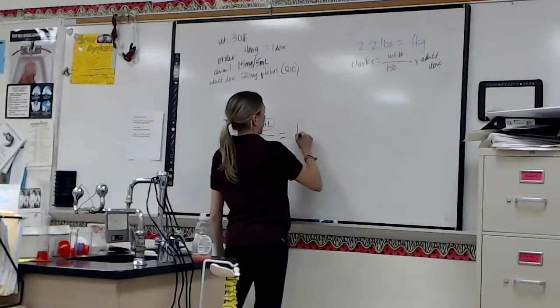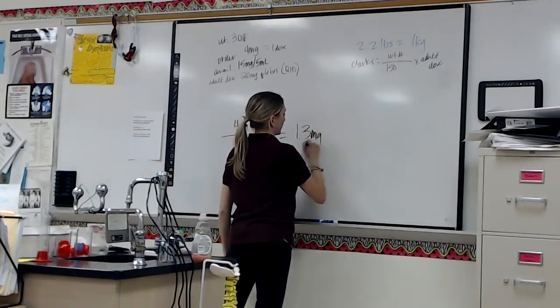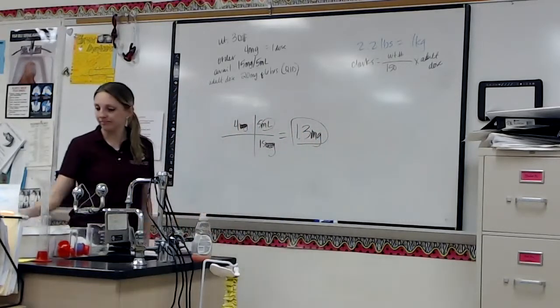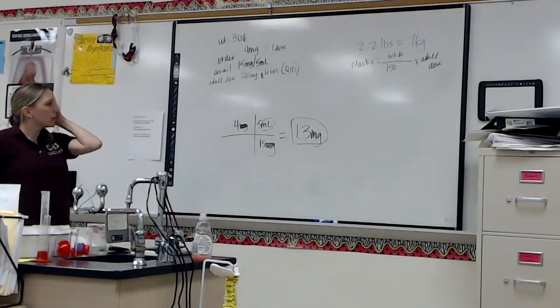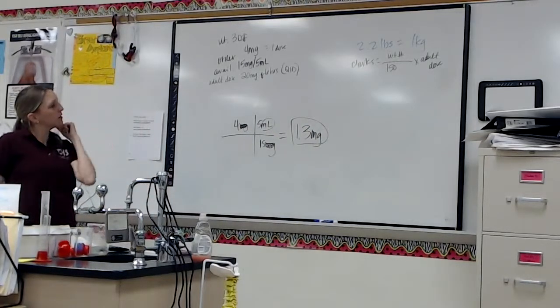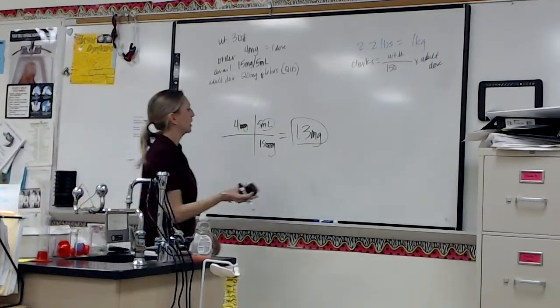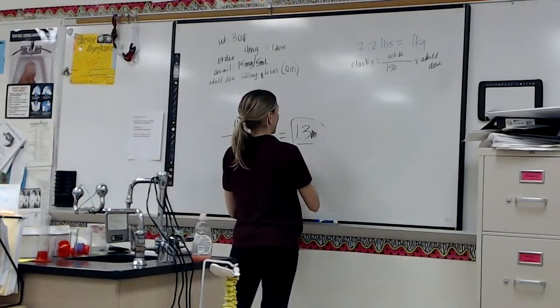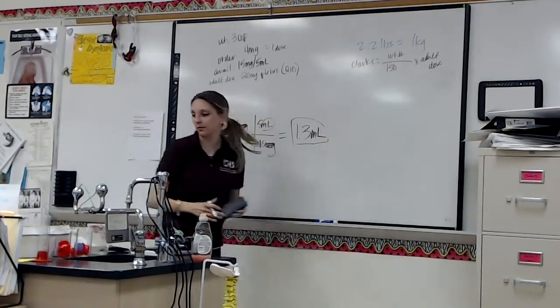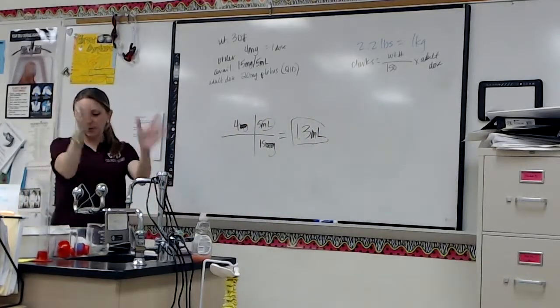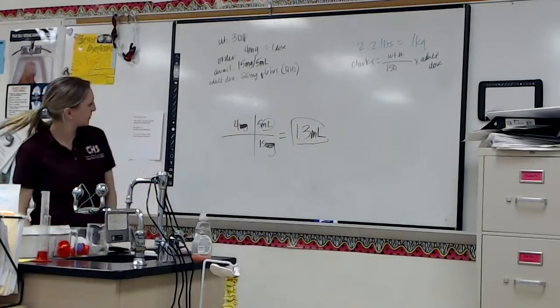So that's 1.3. Oh my goodness, I'm still getting it wrong. Milliliters, looking for volume there. So 1.3 milliliters is how much we're going to get. There we go. Okay, I'm sorry. 1.3 milliliters.